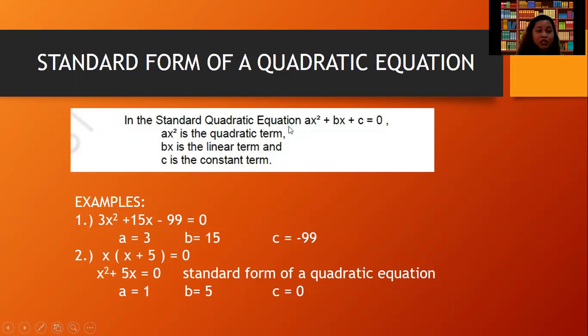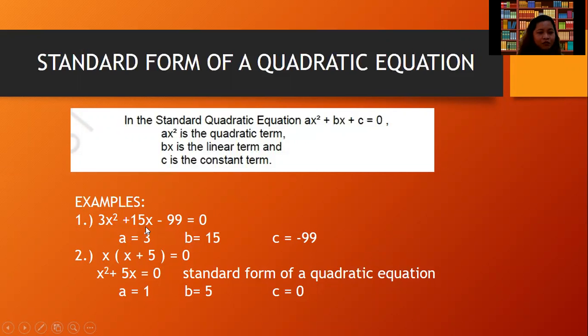So, from the standard form of quadratic equation, our first term is our ax squared. Therefore, since our first term here is 3x squared, our a is 3, meaning that is the numerical coefficient of our quadratic term. And in finding b, b is our numerical coefficient of the linear term.